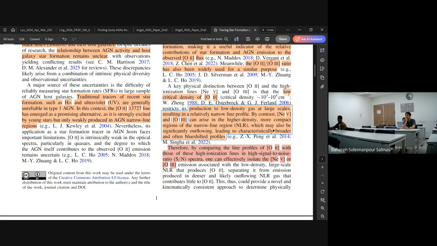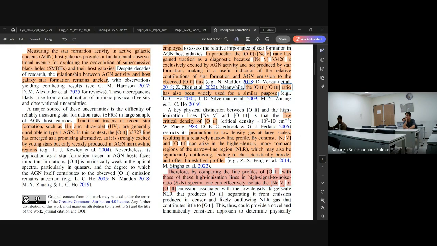Here they use the O2 and Neon 5 flux ratios as a diagnostic to differentiate between AGN activity and star formation activity.